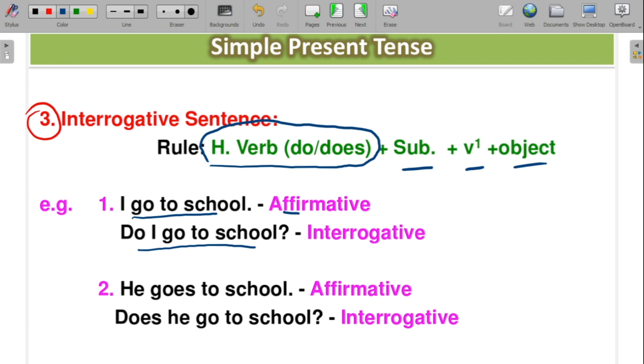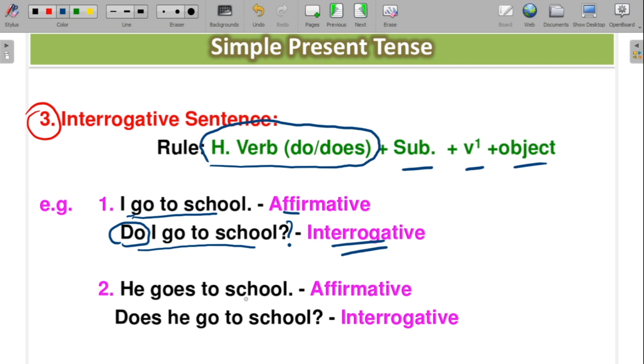Do I go to school? Interrogative sentence. Understand? See, here we took the do from the verb go, then we put it in front of the sentence. Then we put a question mark here and make an interrogative sentence.